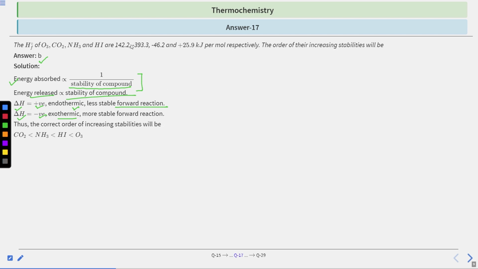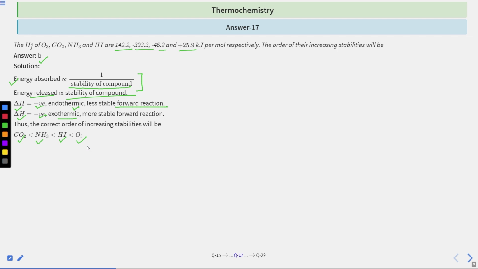Hence, we can see that this enthalpy is positive, this enthalpy is positive, and these two are negative. And negative is more stable towards the forward reaction. So, more negative, more stable. So first CO2 will come, then NH3, then HI, and then O3.